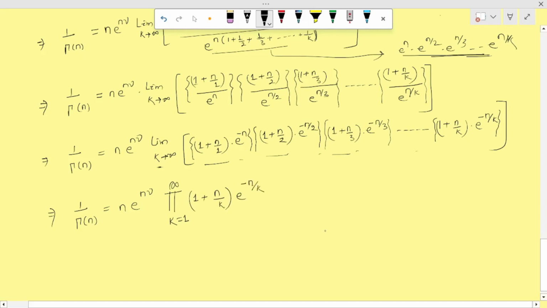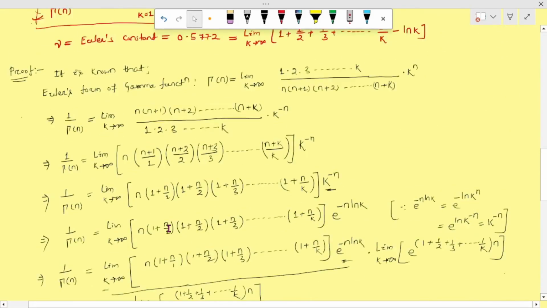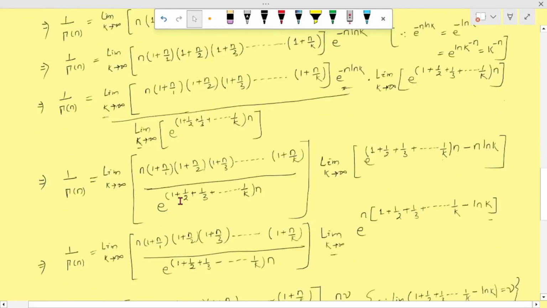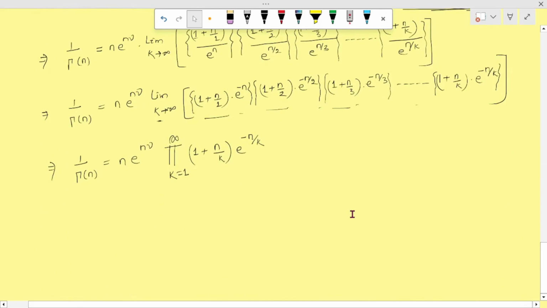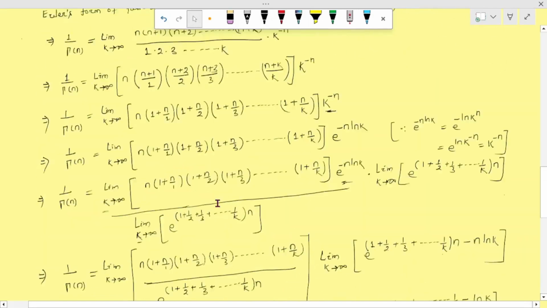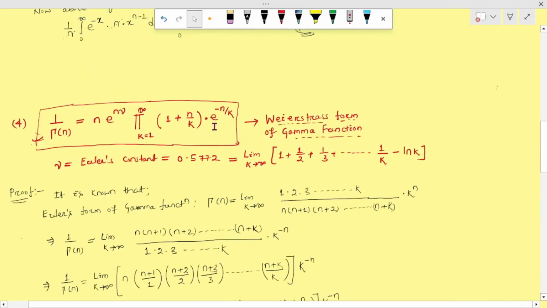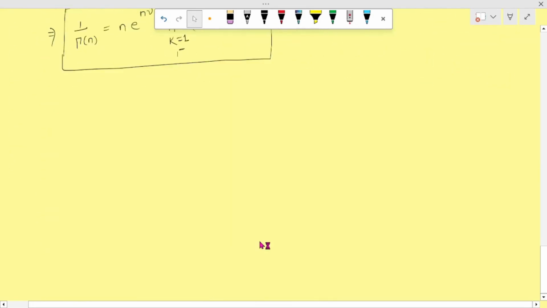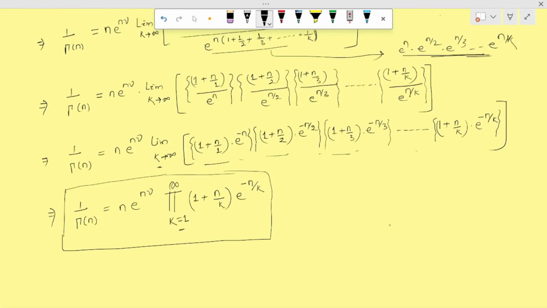So here we have proved, I think. Here you can see n e to the power nγ, infinite product symbol, k varies from 1 to infinity, 1 plus n by k into e to the power minus n by k. So this one is proved. Okay.